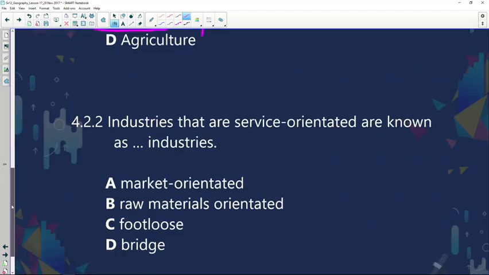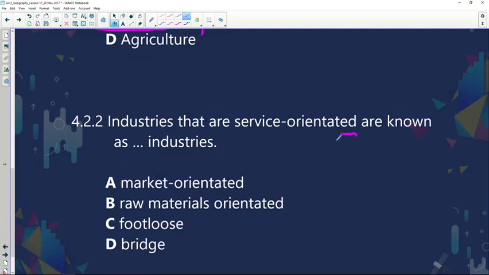That's a tertiary activity. It's a service being delivered to the population. If we quickly continue with our next question: industries that are service orientated, and that's your keyword here, are known as footloose industries. Raw material orientated industries rely on the raw materials, and market orientated industries are where they sell the product.